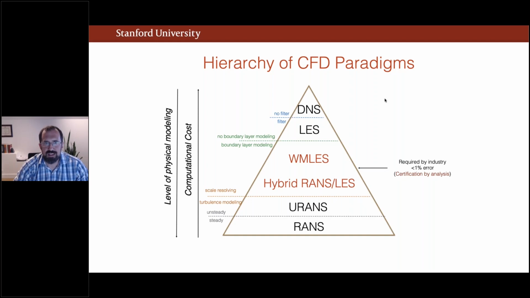While DNS and LES have mostly been used more for idealized, canonical, or academic flow cases. However, with advances in computing power, numerical methods, and our understanding of turbulent flow phenomena, wall-modeled LES and hybrid methods are becoming more feasible, and as I said, likely represent the future for high-fidelity flow simulation.